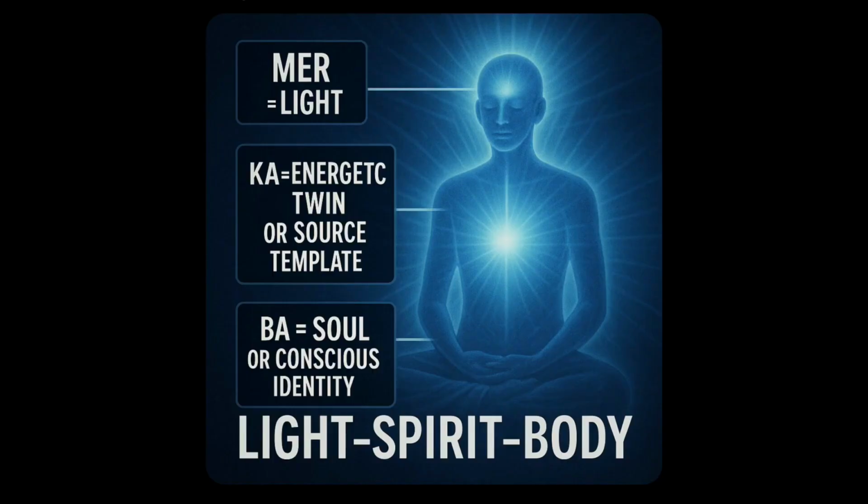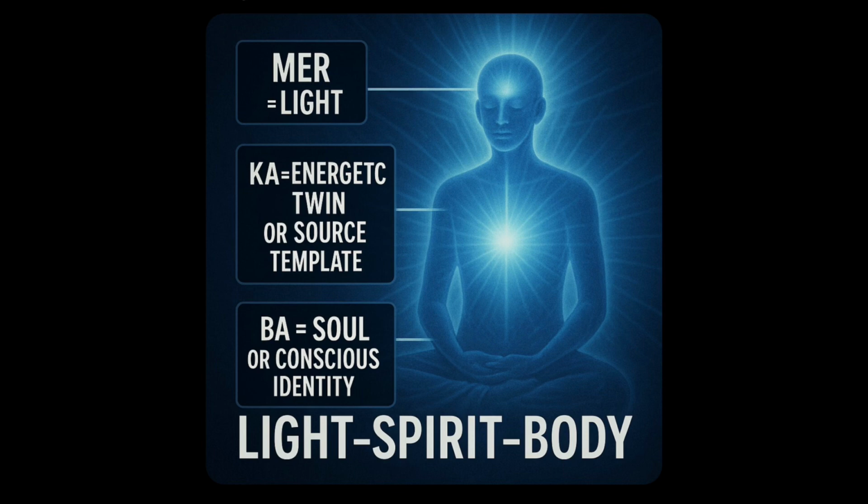So if you look at the diagram, Ka is the healed version of you. It's your highest template, your highest source template of who you are. And the Mer, which is the light level, and the Ba, which is your consciousness or soul identity, are the two vehicles which drive you through the layers of consciousness on your spiritual journey.